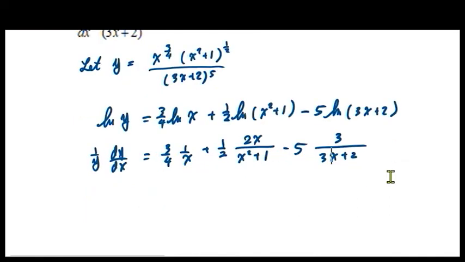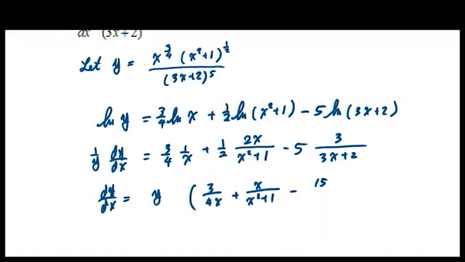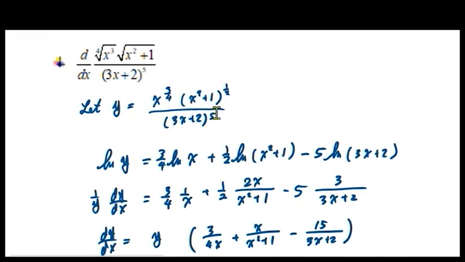Okay, now multiply by y, so dy over dx is equal to y, lots of space. You know why I'm leaving that vast amount of space now, right? So let's clean this up a little bit. 2 cancels. And minus 15 over 3x plus 2. And what was y? y is this hideous monster, right? This one. I'm going to just copy that one.